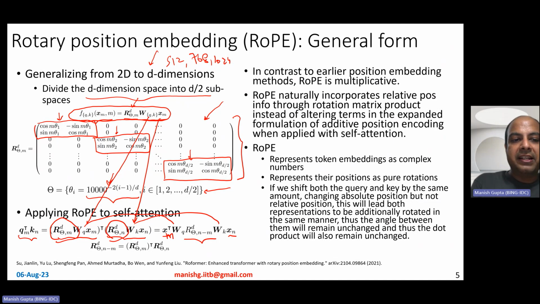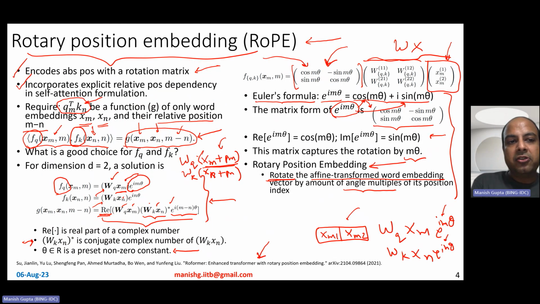If you're rotating the matrix by m times for the query and n times for the key, when you do the dot product, you basically rotate the matrix by (m minus n) theta. It's as simple as that. That is why, although you encode the absolute position with the rotation matrix, you incorporate explicit relative position dependency in the self-attention formulation.